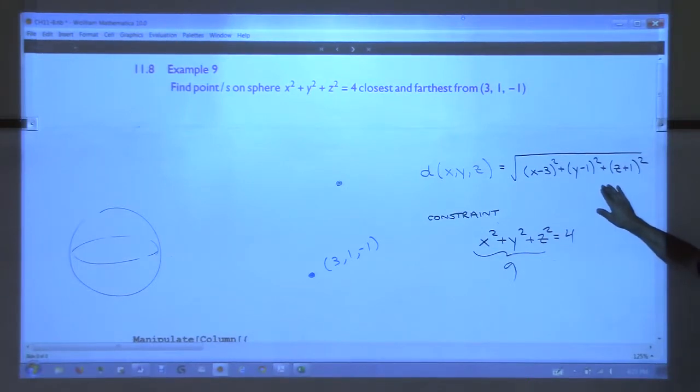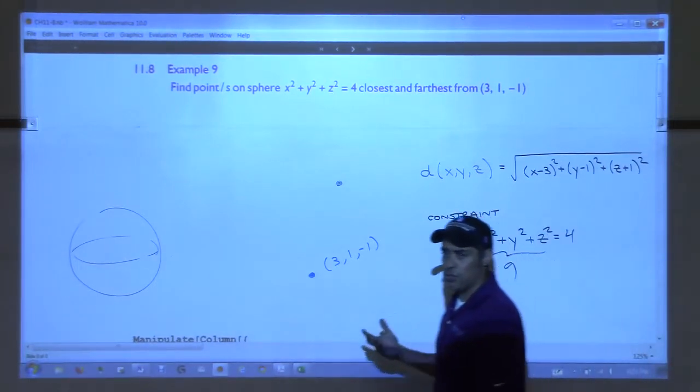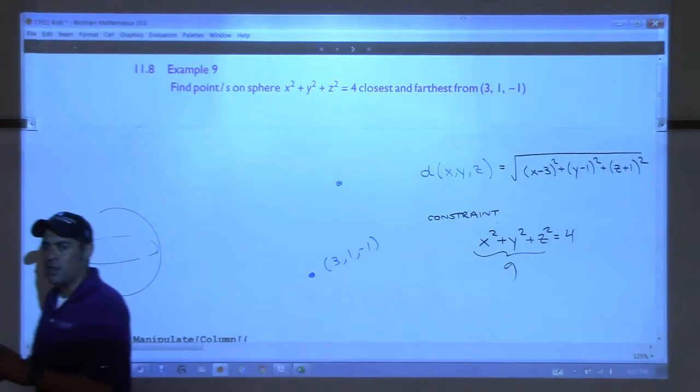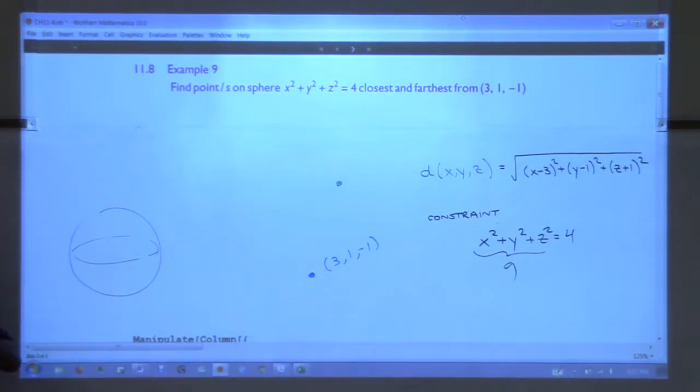Yes. Okay, so there's also something in Cal 1 you should have learned: anytime you're trying to maximize or minimize a distance, it is equivalent to maximizing or minimizing the square of the distance. Do y'all remember ever hearing that in Cal 1? The way it works is this.